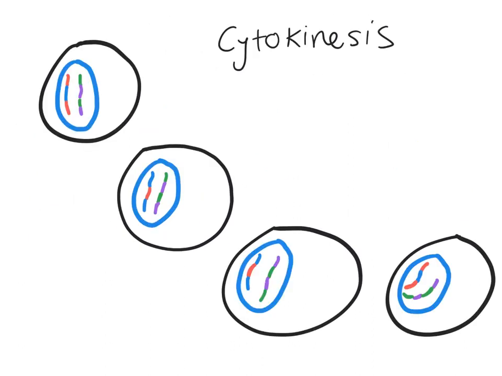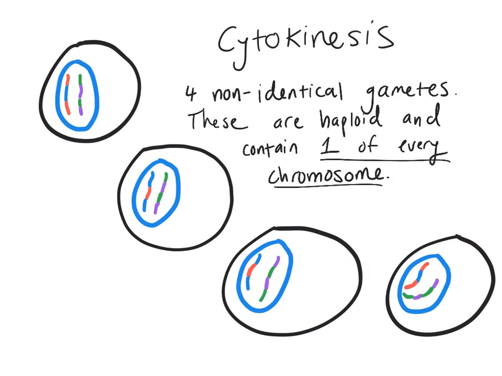And last but not least, we have cytokinesis, where in the end, we are going to get 4 unique haploid gametes, each with 23 chromosomes if we're looking at a human being. So instead of containing 23 pairs of chromosomes like our somatic cells, heart, brain, liver, all have 23 pairs, your sperm and egg only have 23, and that's it.